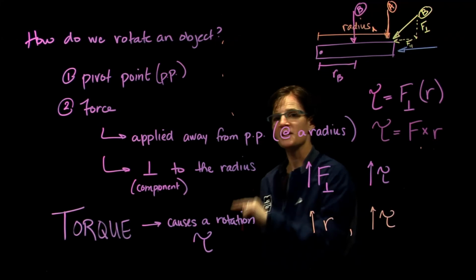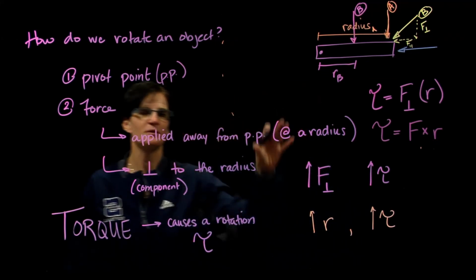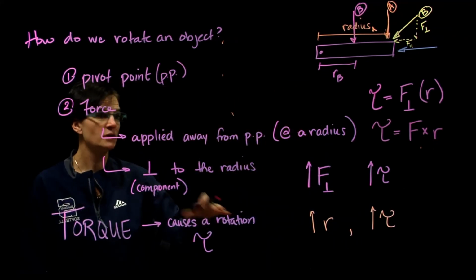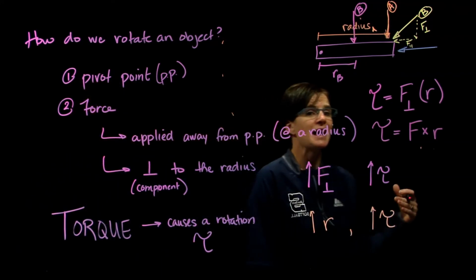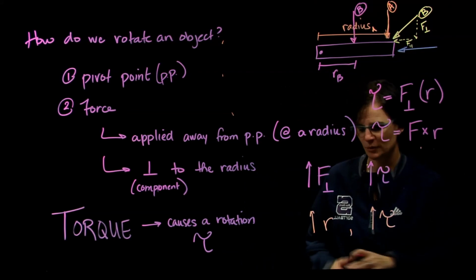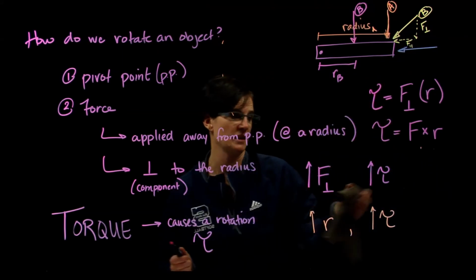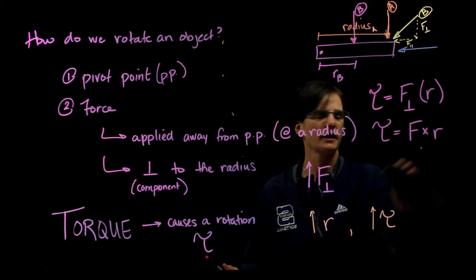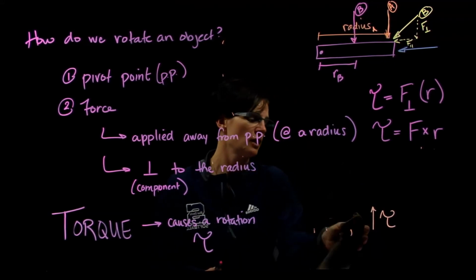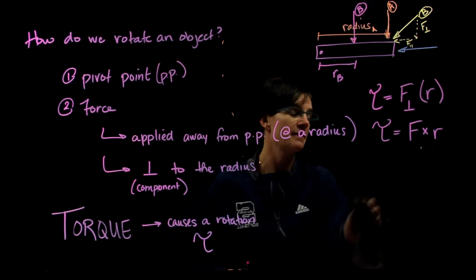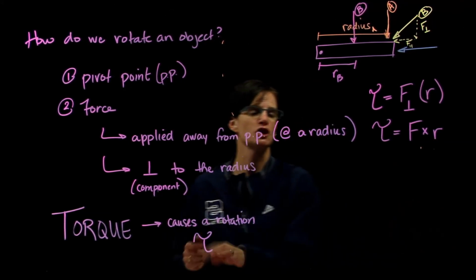So we have to think back to our calculus days in terms of the cross product: force cross R. We're not going to do the cross product in the old-fashioned way, but we are going to define the torque and then mathematically use this relationship.